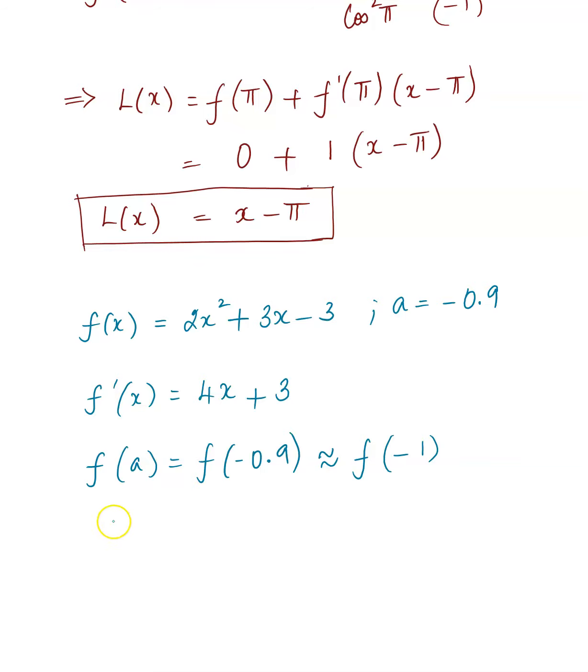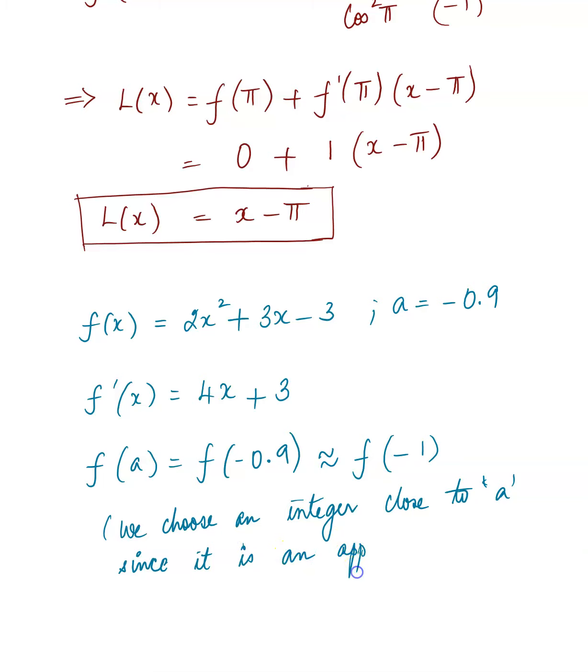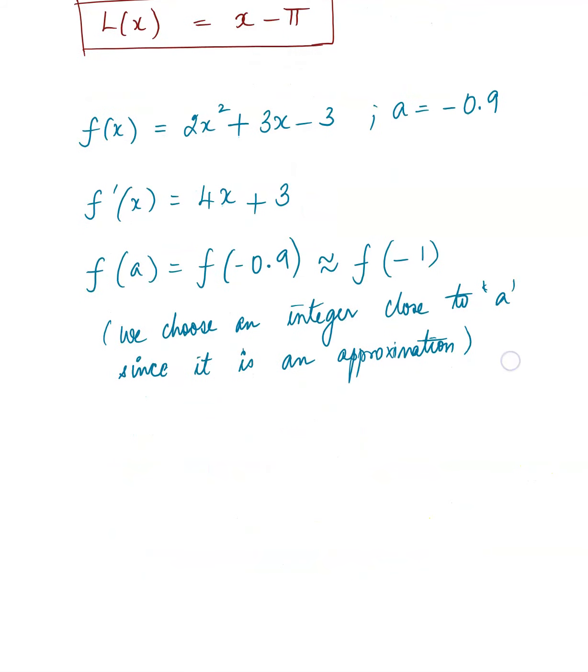We'd like to choose an integer, basically, to help with the computation. So I'll just say we choose an integer close to a. And we're allowed to do this since it's an approximation. You can't do that with exact values, right? You want the exact answer.